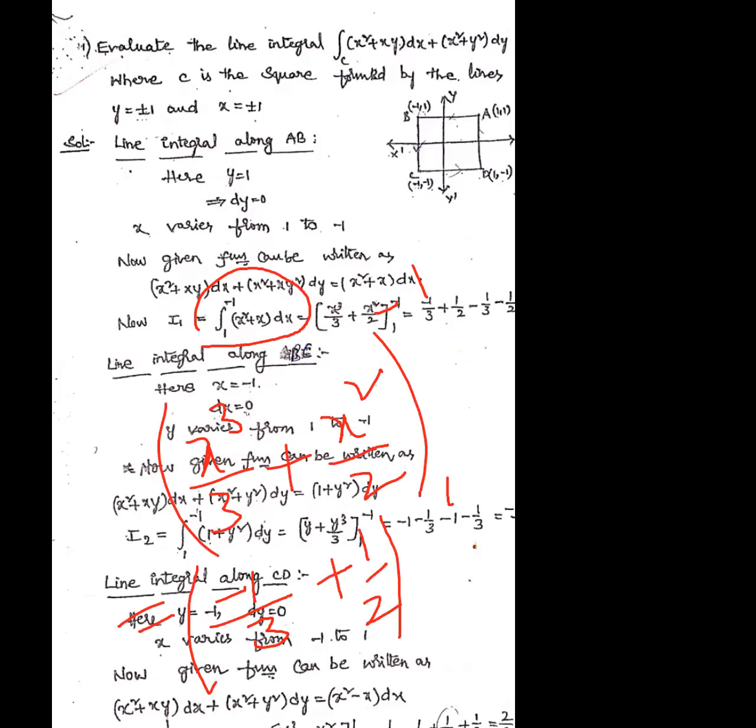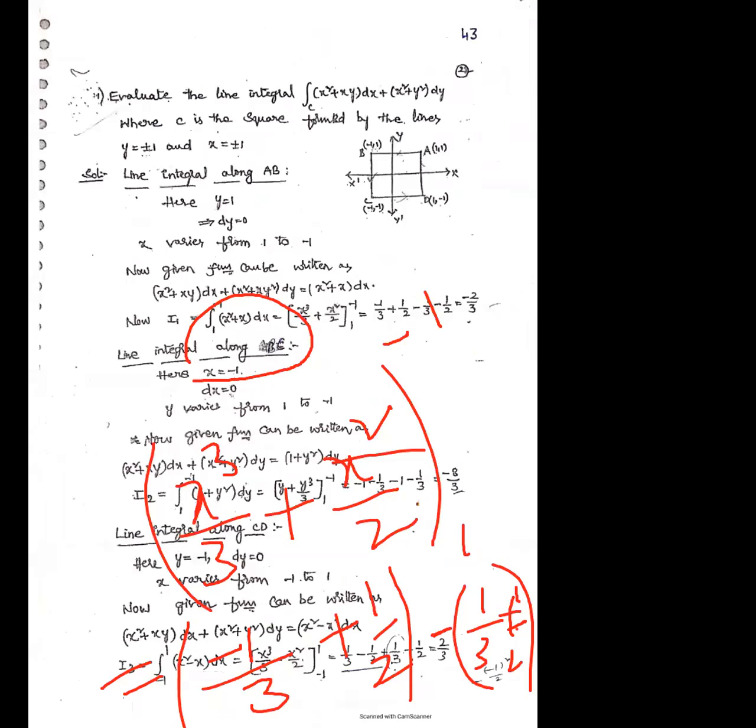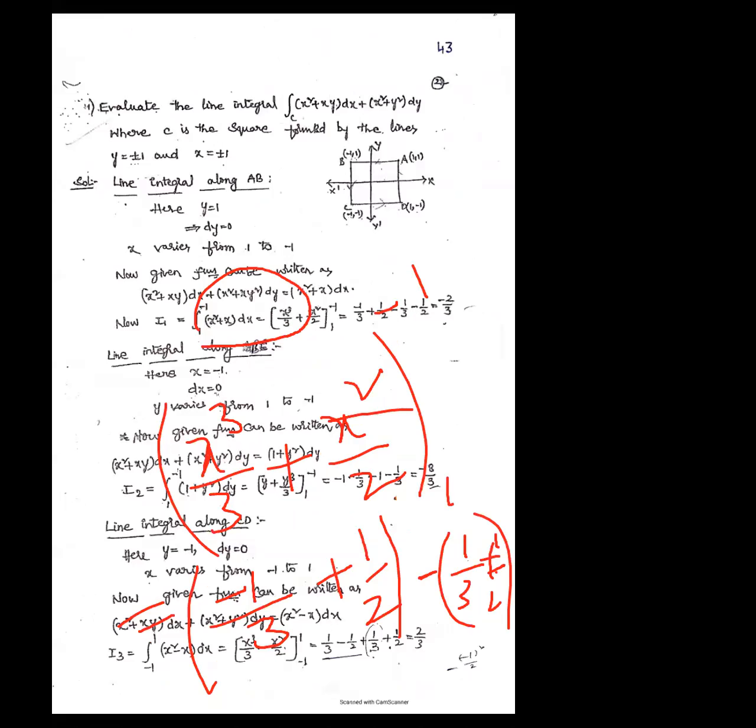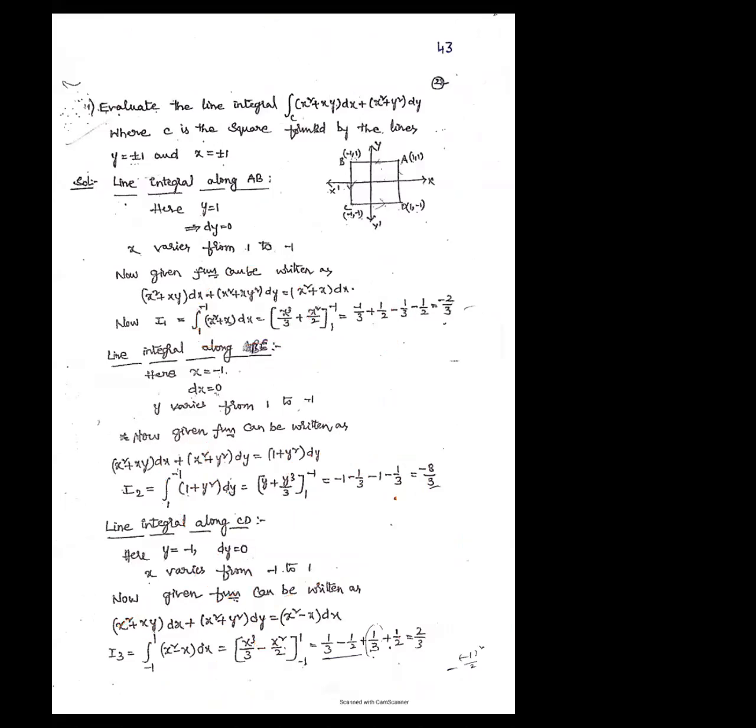This is the upper limit minus the lower limit, 1 by 3 plus 1 by 2. Now simplify this to get the answer minus 2 by 3. This is the line integral of AB.